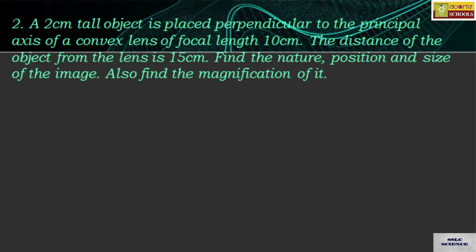The next problem is based on a convex lens, its image, focal length and magnification. A 2 centimeter tall object is placed perpendicular to the principal axis of a convex lens of focal length 10 centimeter.